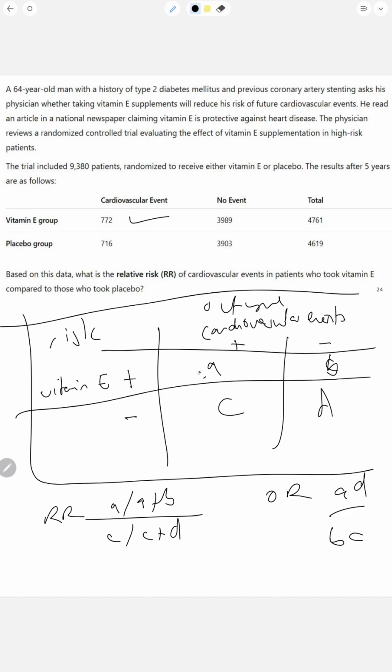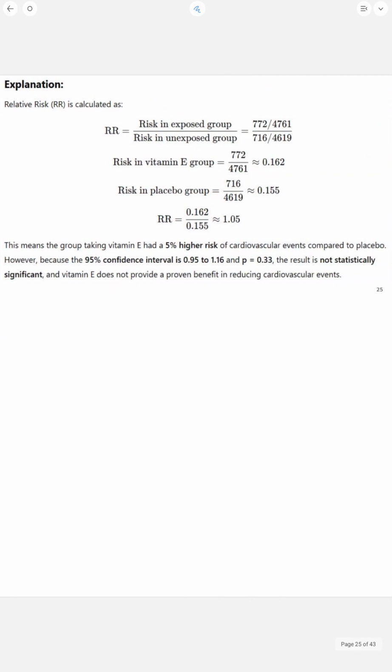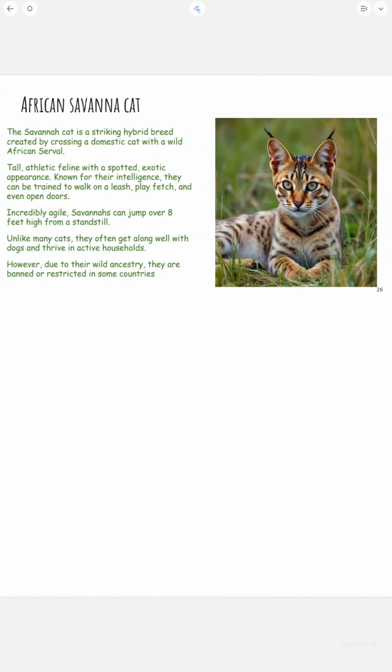And then know what goes where. A, B, C, D, right? Not A, B, C, D. It's A, B, C, D. And once you've got this down, it becomes quite easy to answer these questions on relative risk or odds ratio. So we've just explained this. And we're done with the topic.